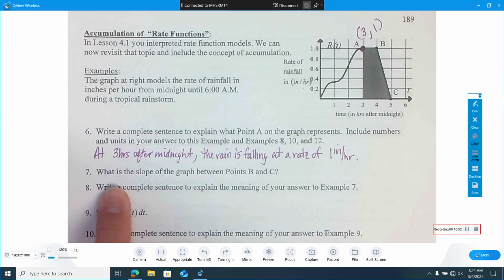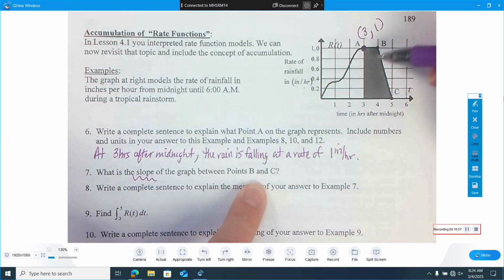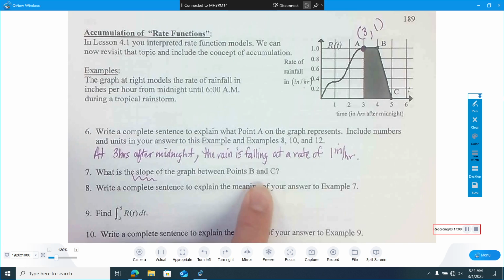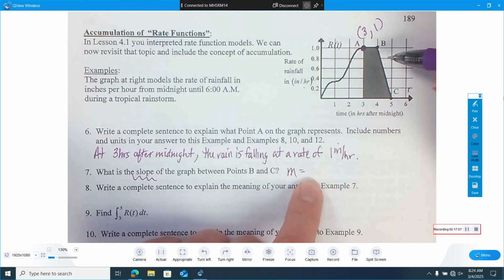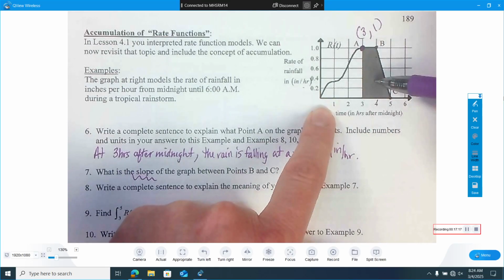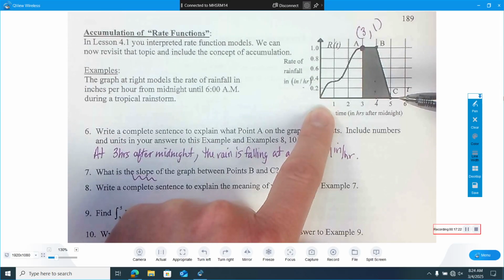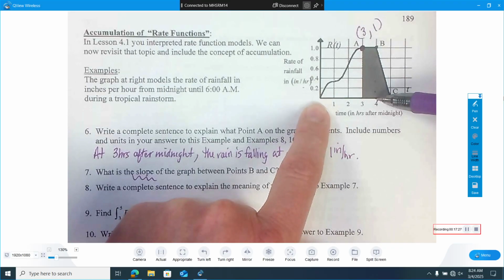All right, what is the slope of the graph between points B and C? Negative 1, better. So the slope is, we are going down. Now this is where I get screwed up all the time. From B to C, we are going down 1, 2, 3, 4, 5 boxes, but don't put down 5 because it's not down 5, because we went from 1 to 0.